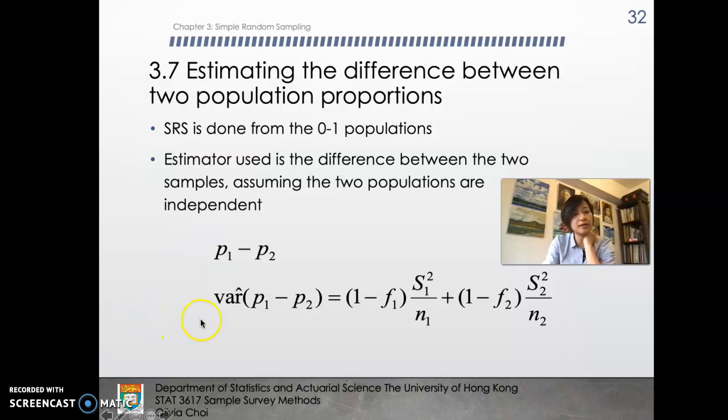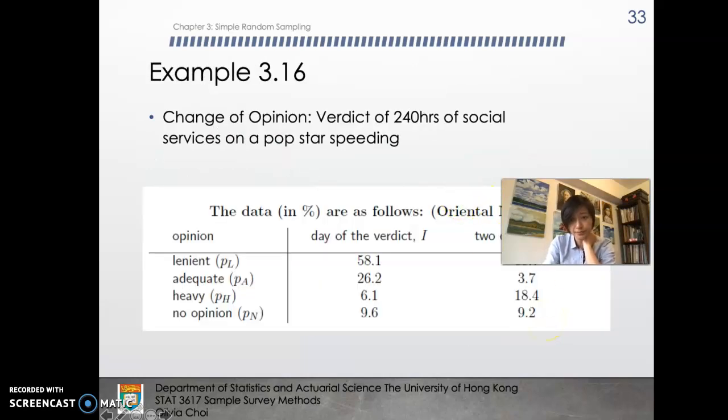So we can look at the estimated variance of P1 minus P2, which, if the populations are independent, is the sum of the two estimated variances.